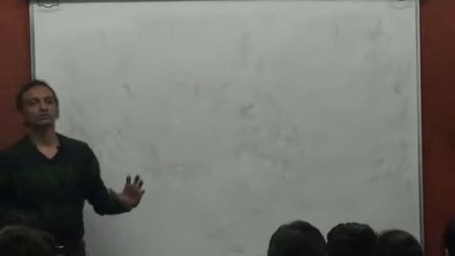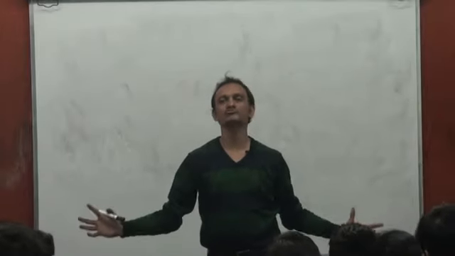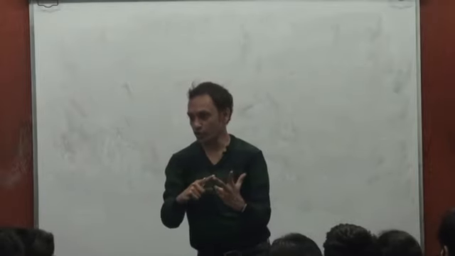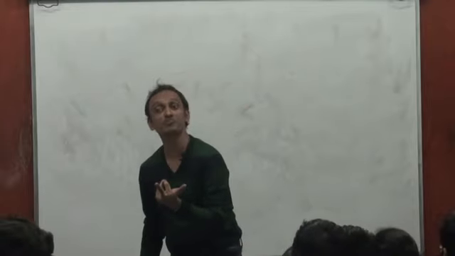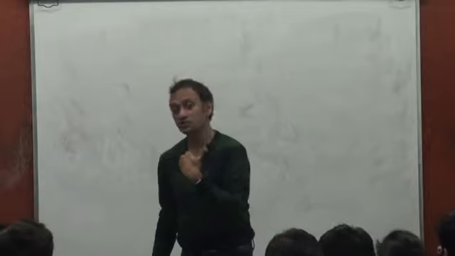Now, the most general motion, which is our objective, is a combination of pure translation and pure rotation. In pure translation, it was enough to know what the velocity of the center of mass was, right? The center of mass was moving.